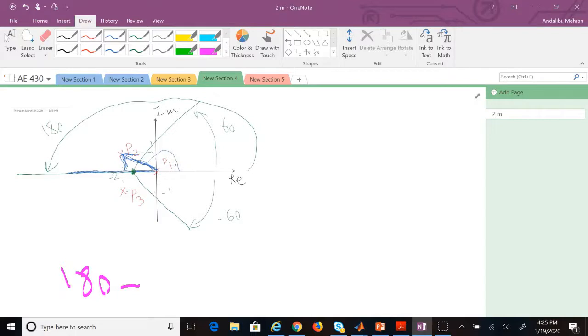By the way, we measure every angle with respect to the positive real axis. So if I call that maybe theta 1, and then what is the angle that you draw from P3 to P2? Again, we measure everything with respect to the horizontal positive axis, theta 2. So it's 180 minus summation of theta 1 and theta 2. Let me write theta 1 and 2 in a better way that you can read.